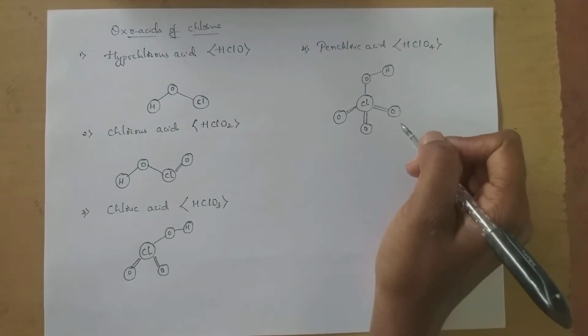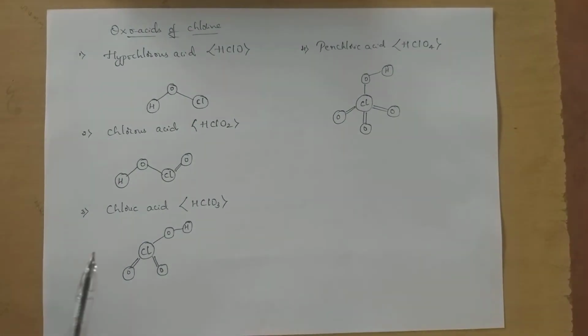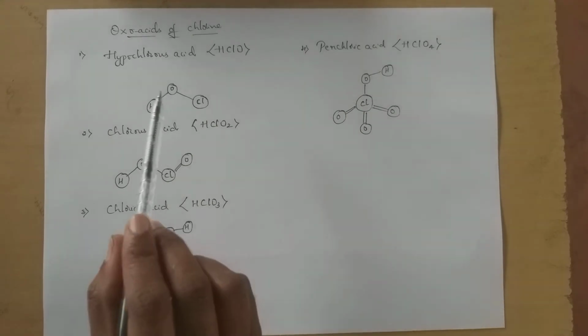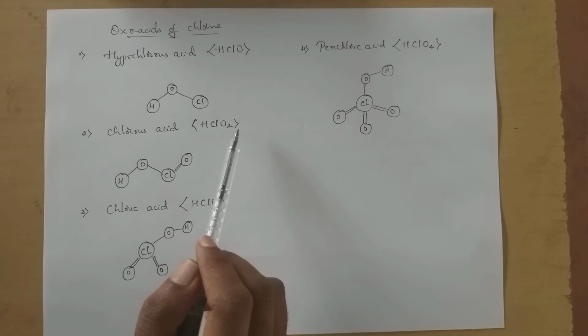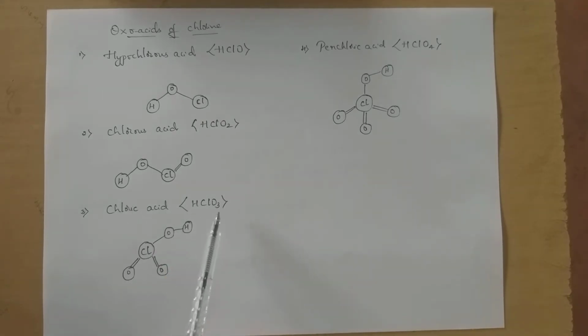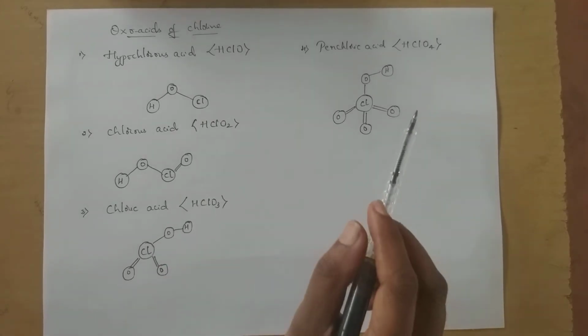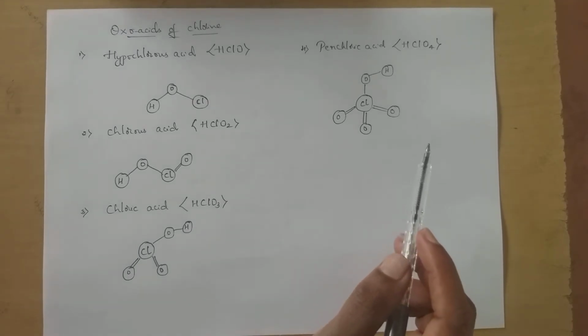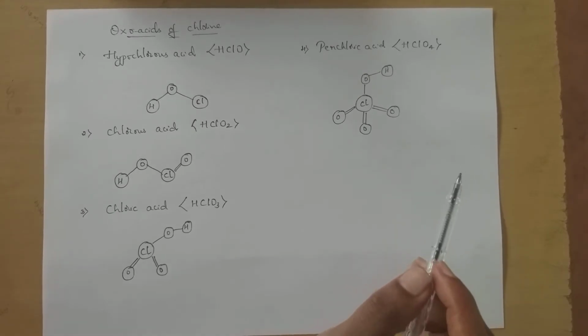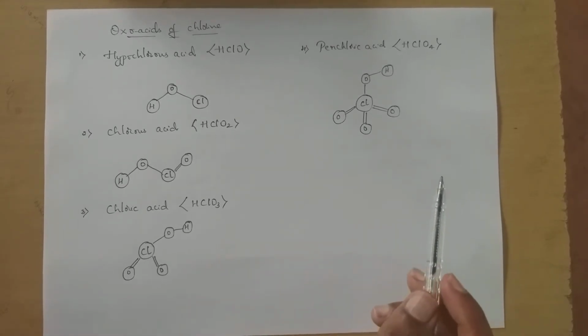So the oxoacids of chlorine are hypochlorous acid HClO, chlorous acid HClO2, chloric acid HClO3, perchloric acid HClO4. Here we have different oxidation numbers. As the oxidation number increases, the acidic strength also increases.